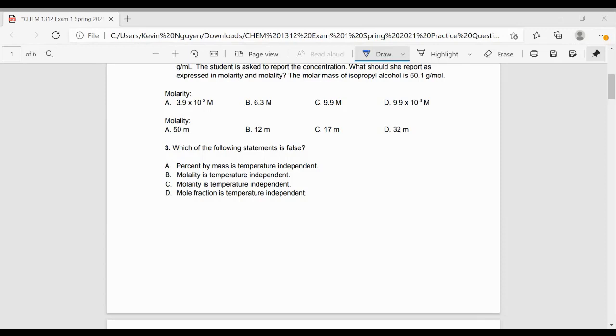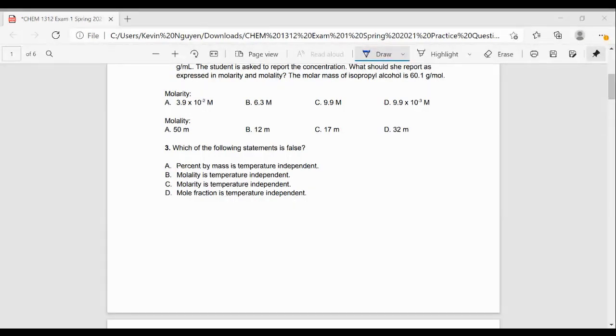Mass is temperature independent, so changing the temperature does not change the mass of a substance. So we're going to say that A is true. Is molality temperature independent? We're going to say yes, because the formula of molality is moles of solute divided by kilograms of solvent, and again, nowhere in that formula is volume involved.